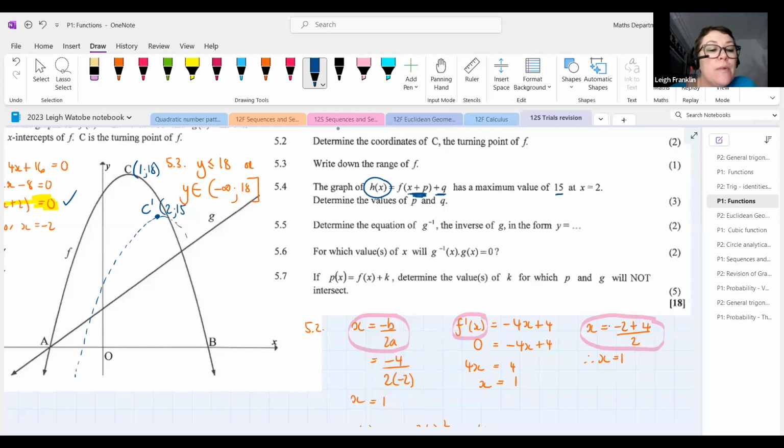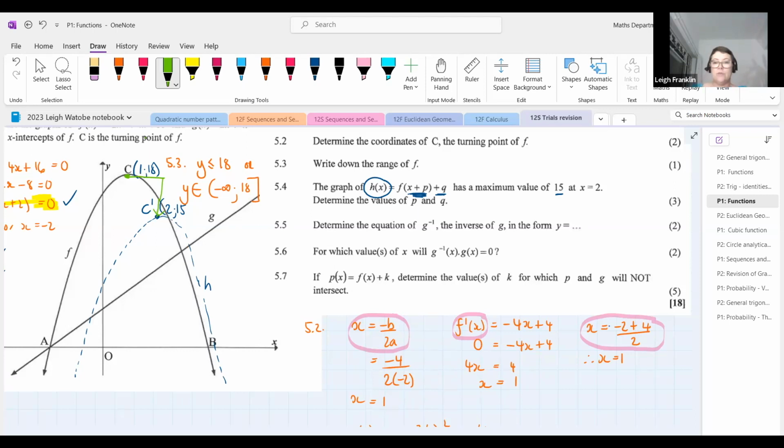There's its maximum. I'm just sketching it over there. This is the graph of h. So in other words, matrix, the turning point has been moved from 1 and 18 over to the right and it has been moved down. So it's been translated to the right and moved down.